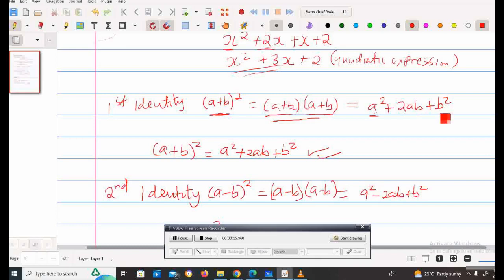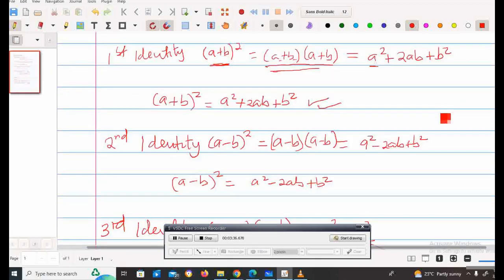This summarizes our first quadratic identity: a plus b squared expands into a squared plus twice ab plus b squared. So you cut short that long process of expanding.